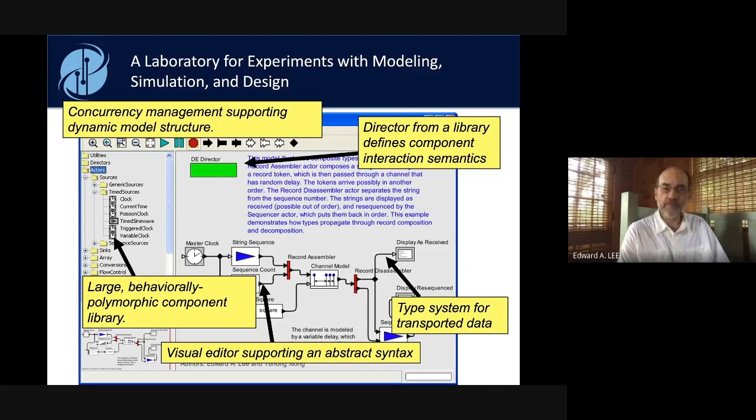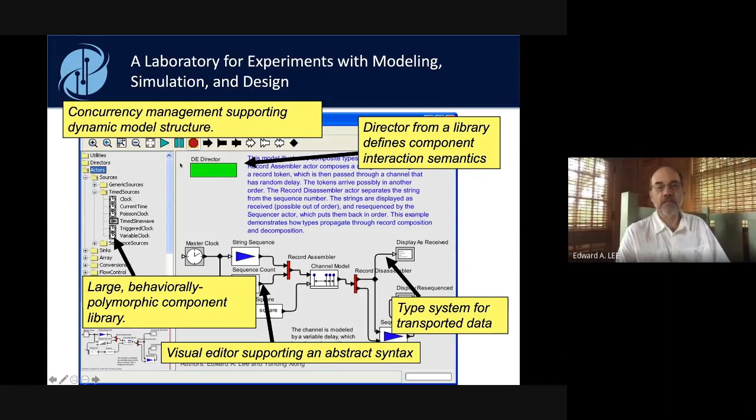So the software itself, Ptolemy II, has a few principles that I'd like to highlight. One is that it does not realize a single way of doing modeling. It's in many ways a laboratory for experimenting with ways of doing modeling, and we've built quite a number of rather different modeling tools within this framework. The way that a Ptolemy model is constructed is that it includes one or more directors, where the director is this little green box.